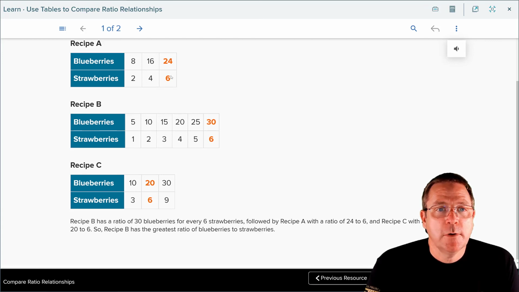You can see them listed in orange there. 24:6, 30:6, and 20:6. So recipe B had 30 to every 6. They're going to have the most blueberries to strawberries. Recipe A was 24 to every 6. And then if you don't like blueberries, recipe C is going to have the fewest, 20 blueberries to every 6 strawberries.